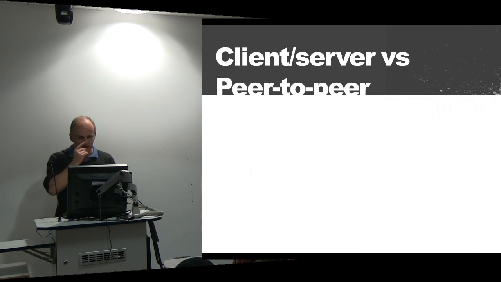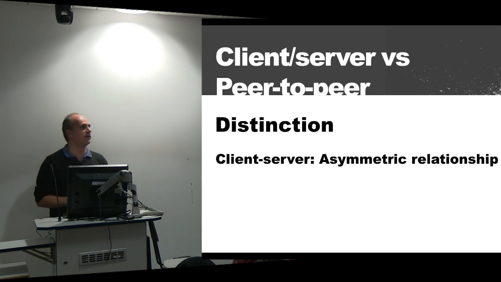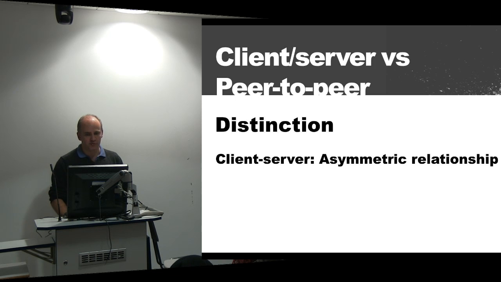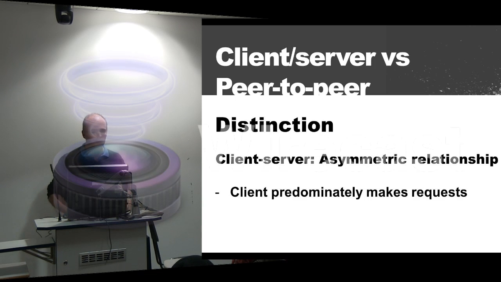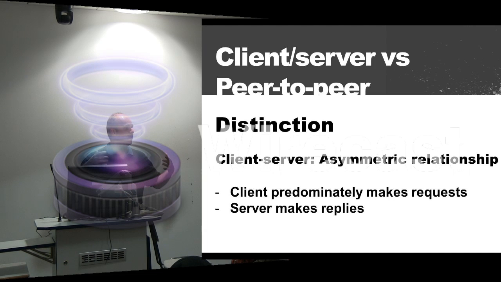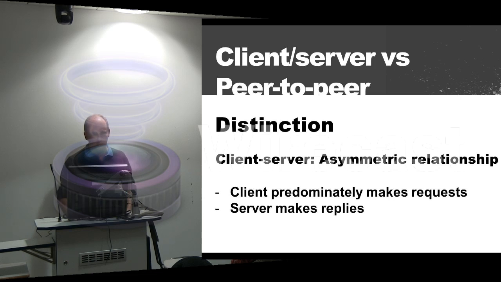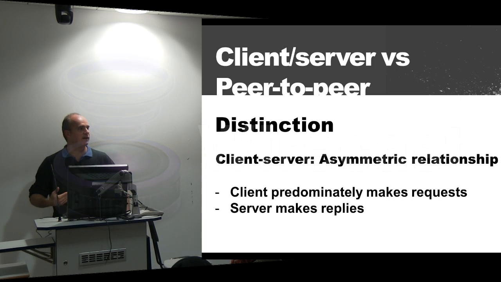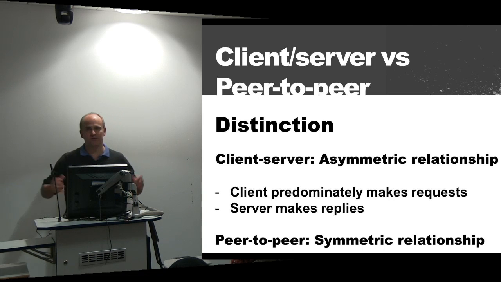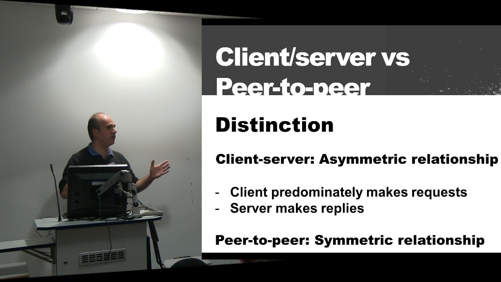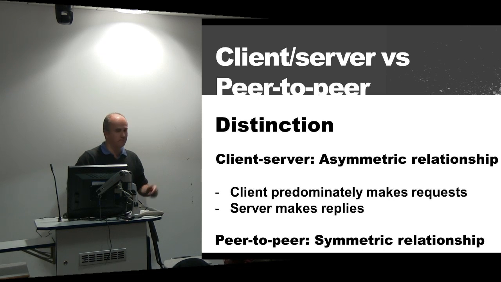So in the client-server, it's an asymmetric relationship, which means the client is making requests, and you have a big server who knows it all. We have all the information in passing you what you want. In the peer-to-peer, it's symmetrical. The two clients which are conversing have equal status. There's not one knowing more than the other.